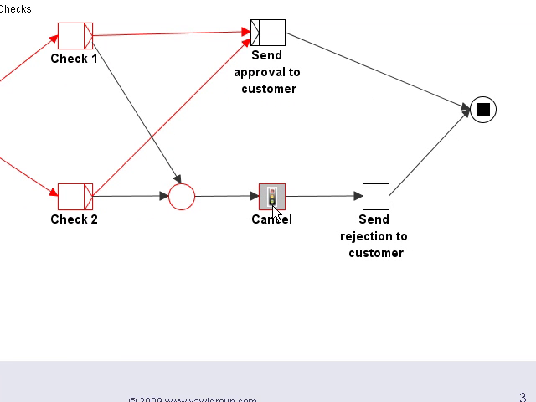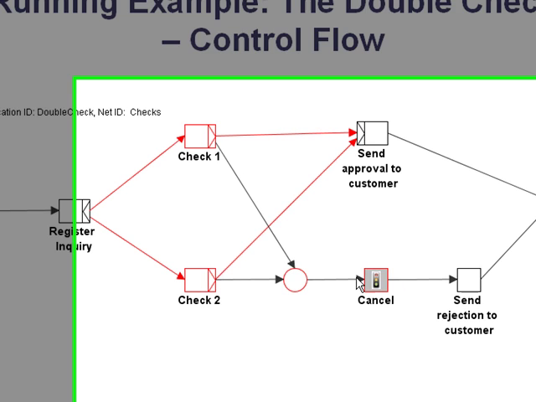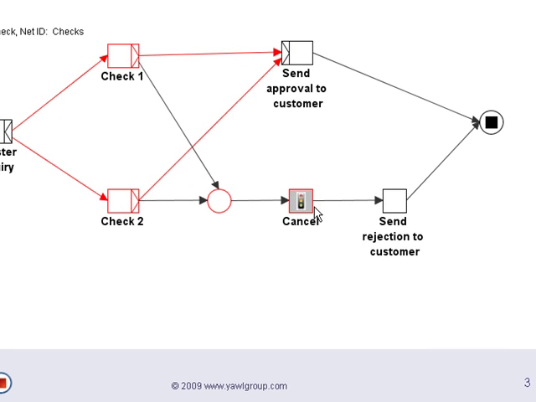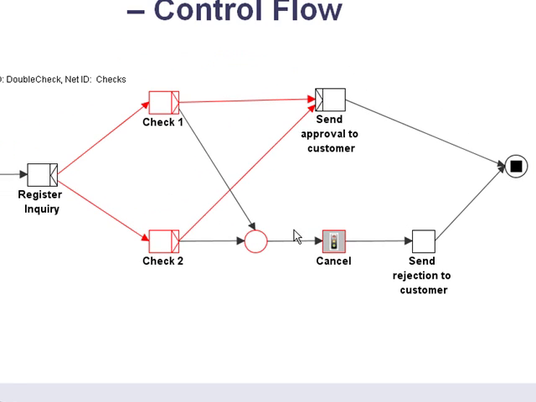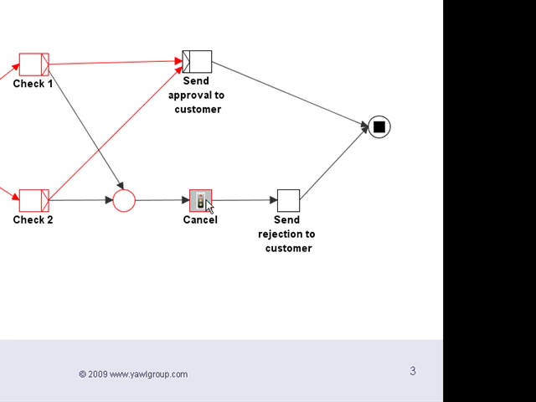And the cancellation is drawn in order to show that the moment one of the checks fails, the other one will be cancelled. This is shown by including these different checks into the cancellation region of the task cancel. In the figure, the cancellation region is shown in red. When the not completed check is cancelled, the rejection is sent to the customer.